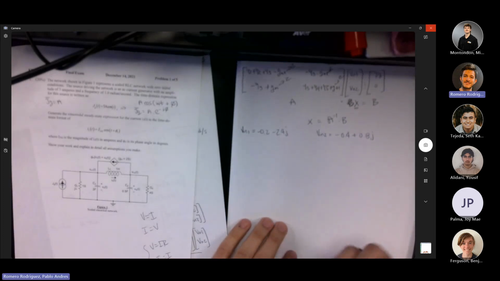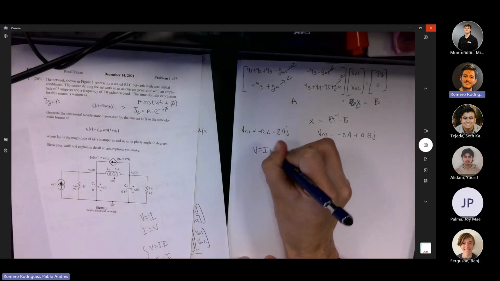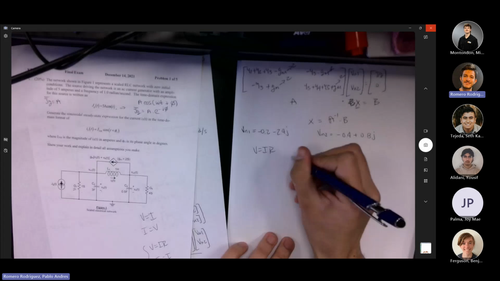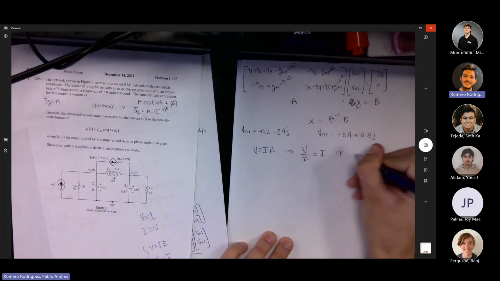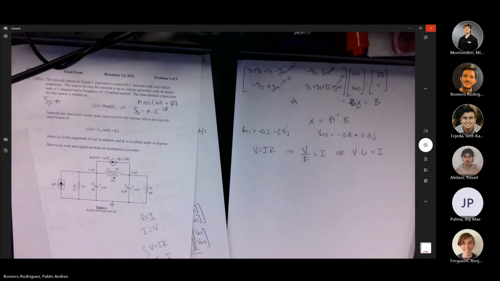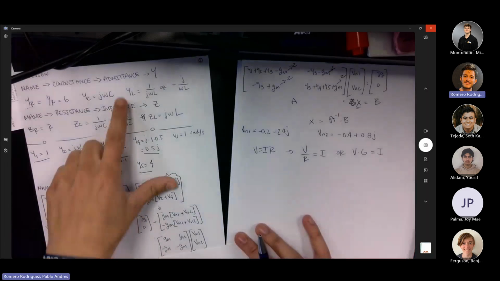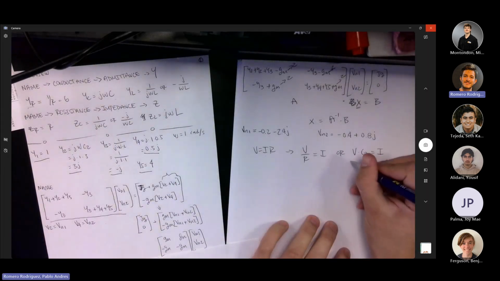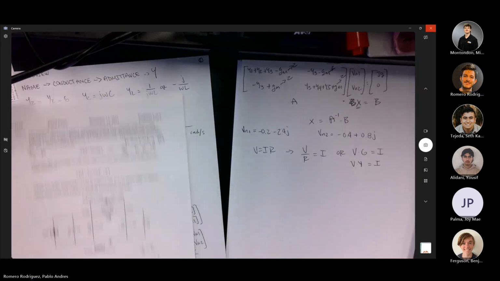If I'm trying to find that current, V equals IR, so I'm either gonna have V over R equals I, or V times G equals I. Remember that this G is conductance slash admittance, so it could be V times Y equals I.